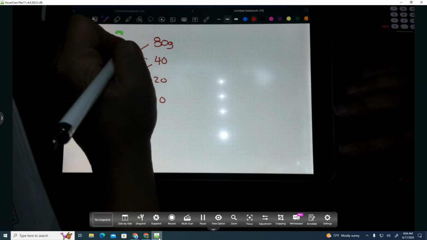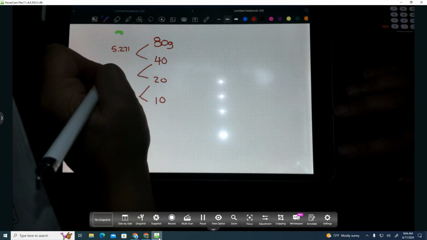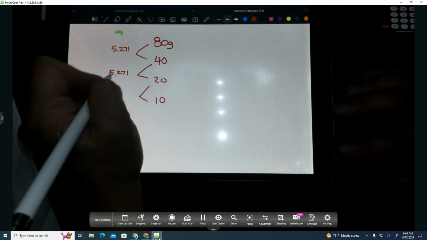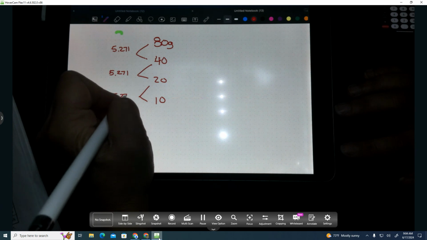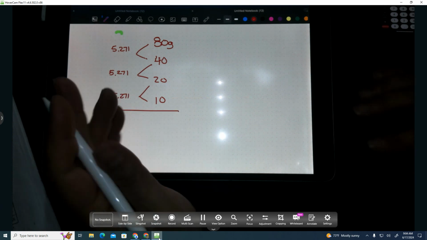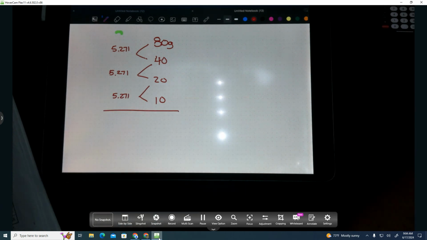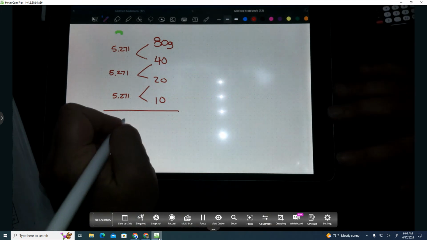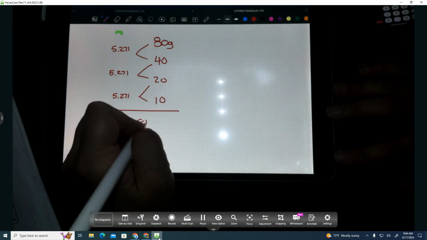So each one of these is 5.271, and I've got to do that 3 times. So it's 15.813.